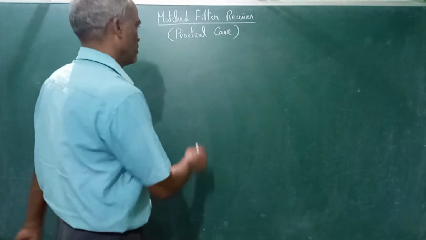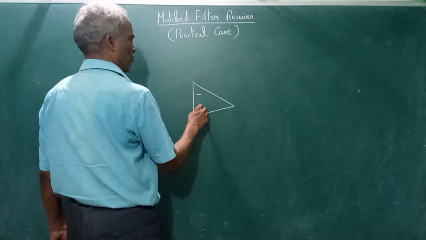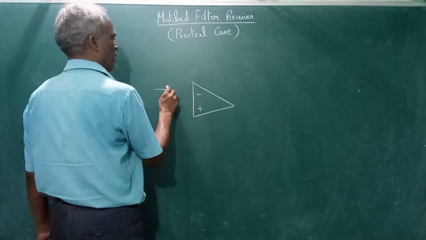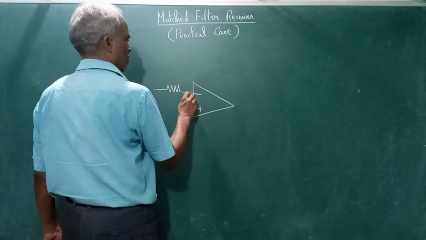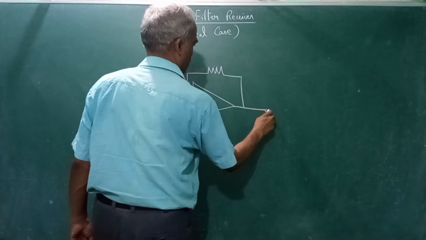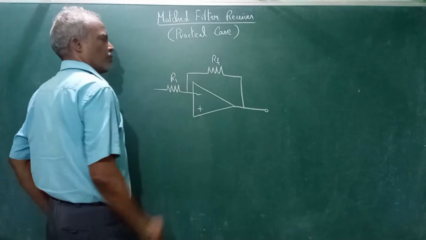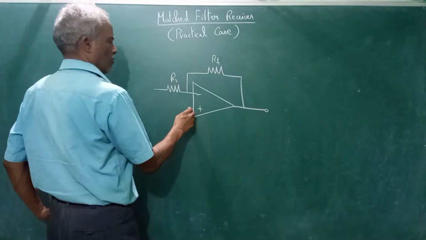Now I will draw the circuit. First you have an op amp, with negative and positive inputs and a gain. Say this is RF and this is R1. Now this is grounded.